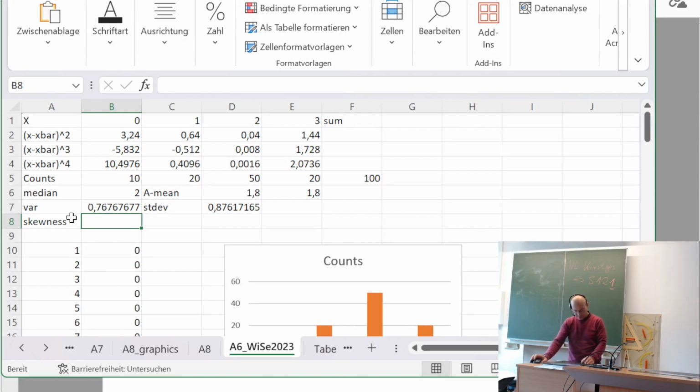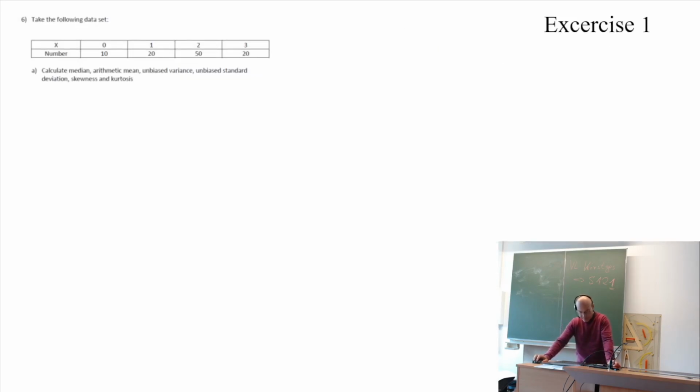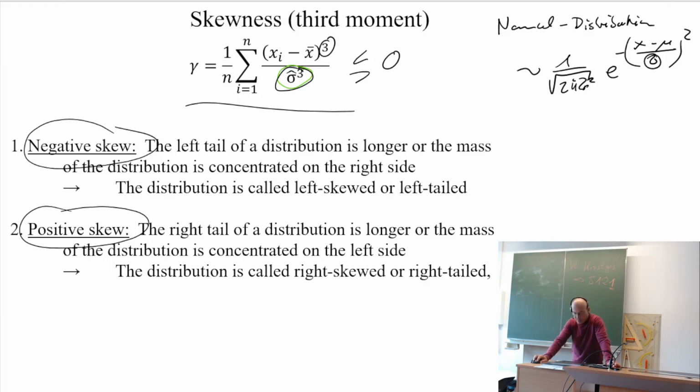And the skewness, if we look up our definition, is the sum of the distances with power to 3 over the standard deviation to the power of 3 divided by 1 over n.